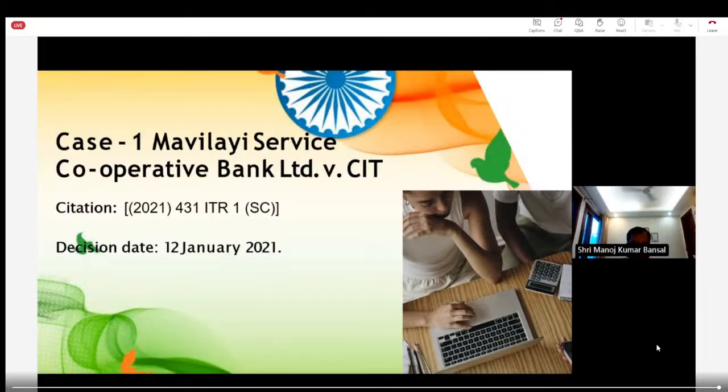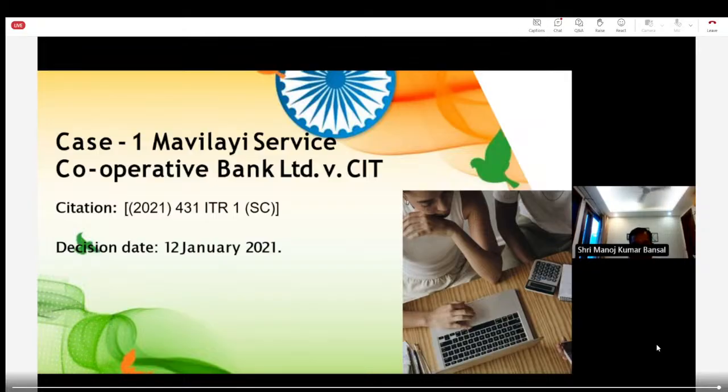An assessee cannot claim deduction if the return was filed without claiming 80P and a revision was made to claim 80P. Court says this is not okay, and they deleted the claim and 80P was not allowed.